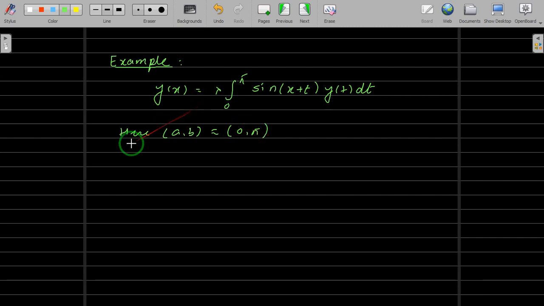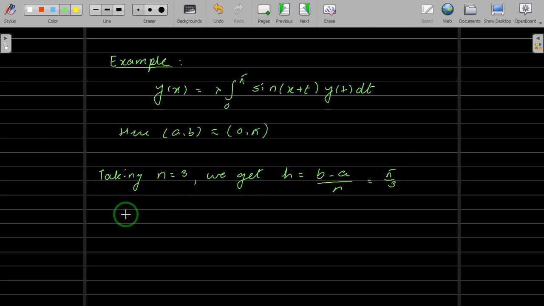So homogeneous. If you take n equals 3, say, you can check with n equals 4, 5, 6. Taking n equals 3, we get our value of h, which is h equals (b minus a) upon n, and in this case it will be (pi minus 0) upon 3, so pi divided by 3.